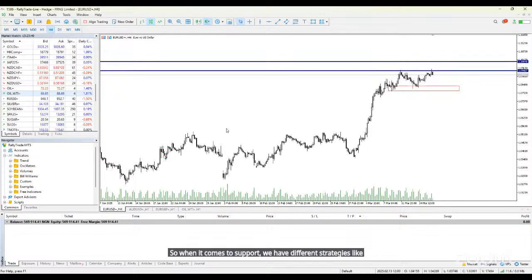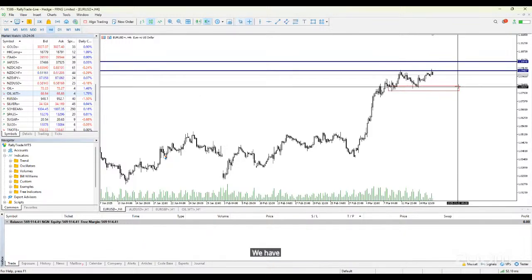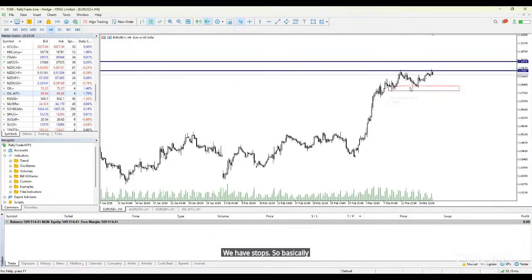We have breakouts. As I said, if it does break above this level, I can try to get into the market for a lower take profit, but still with a very good chance to hit 1.1. We have stops. So basically, when the price stops at this support level, as it did here.